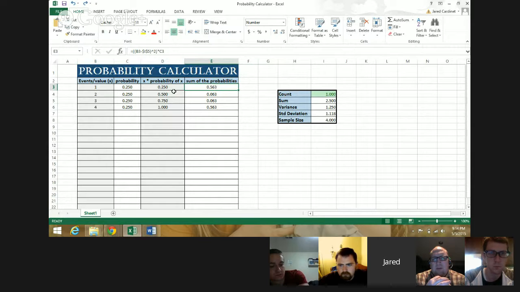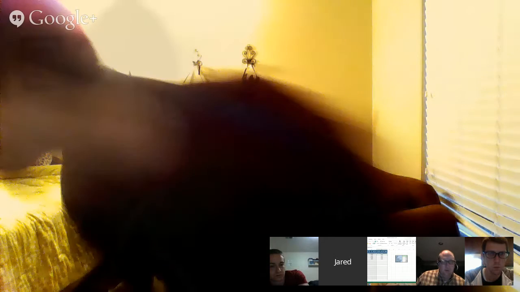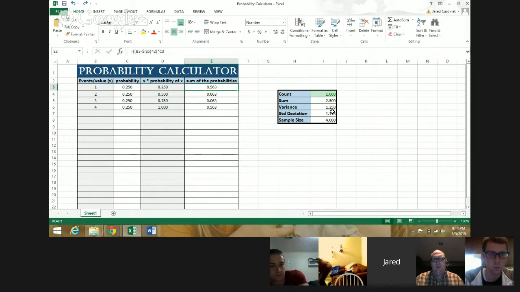Oh, it's the event value minus the 2.5, minus the sum, squared, times the probability.